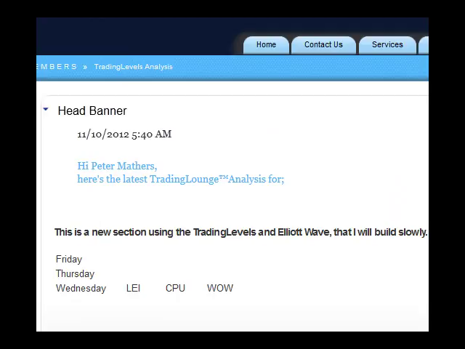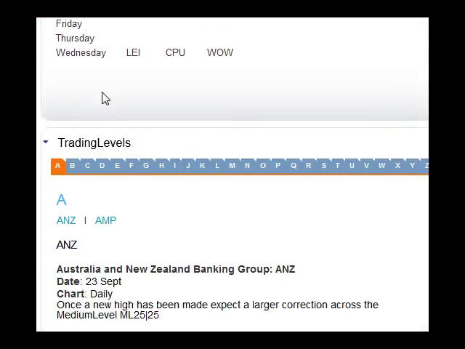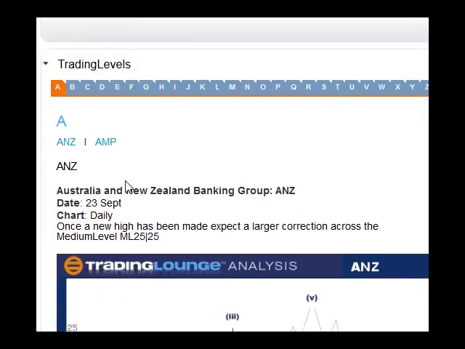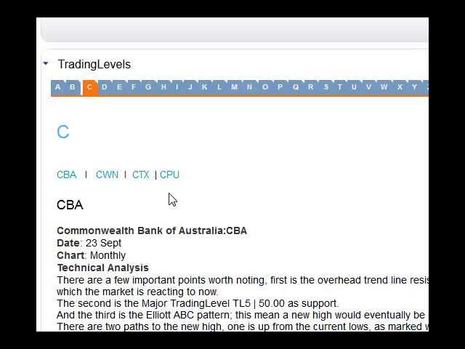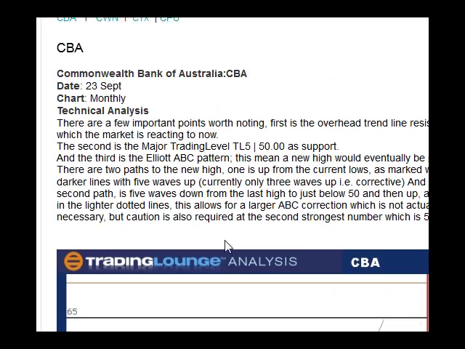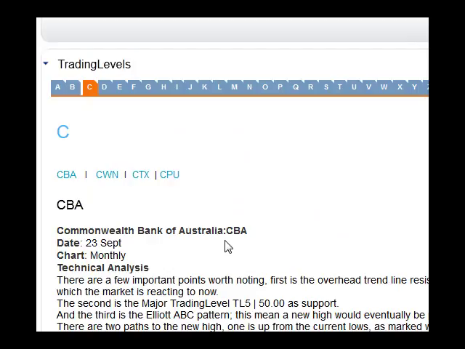In doing that, I'll put the days up through here and the stocks that I put out for the day, and then you can find them in these tabs across here. I'll do the Elliott wave and the trading levels on them, and it'll help out some of the longer term traders and positions, and we'll start looking at trades on those as well.